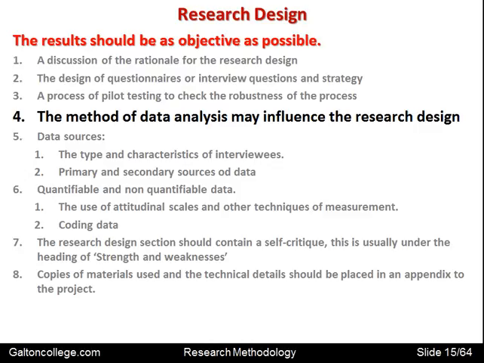Now, in terms of measuring attitudes, the researcher may use what's known as a Likert scale, which is an attitude scale ranging from, let's say, 0 to 5, where 0 is strongly disagree and 5 is strongly agree. So if somebody gave it a 2, then they disagree.